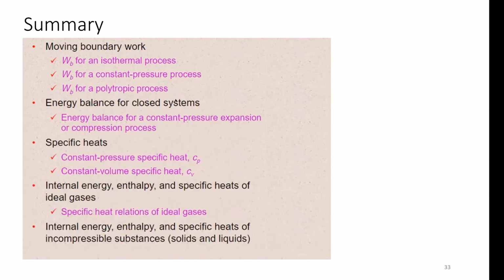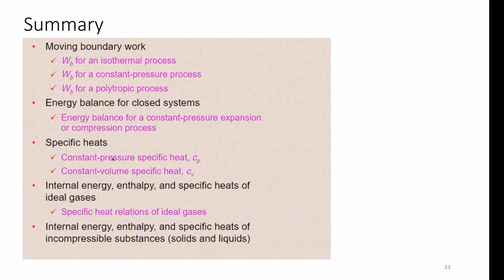Okay, so that's pretty much it. There are some examples to go through, but we looked at moving boundary work for the isothermal process, the constant pressure process, and the polytropic process. We looked at the energy balance for a constant pressure or compression process.